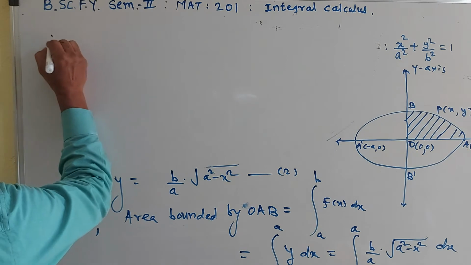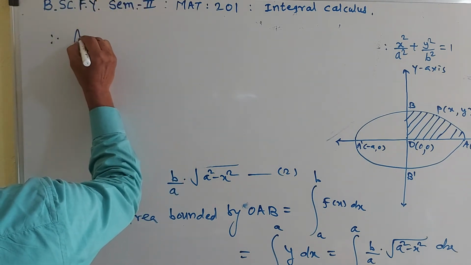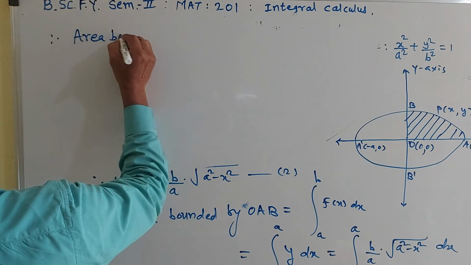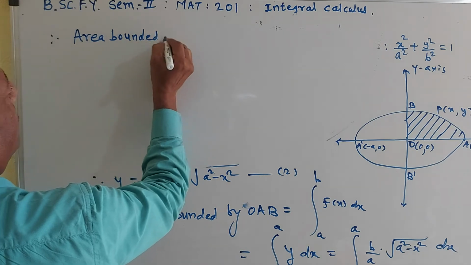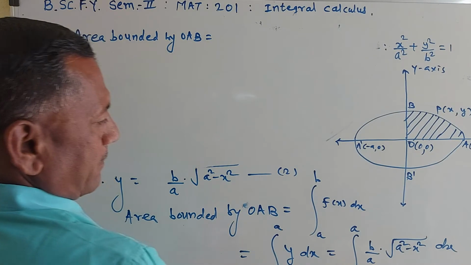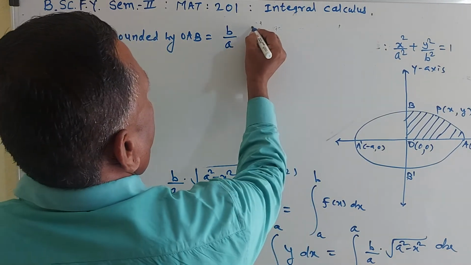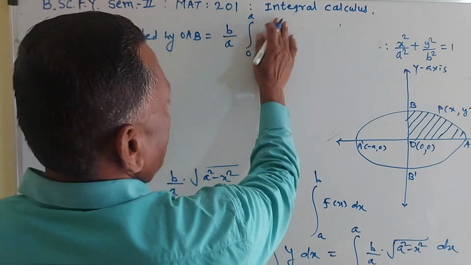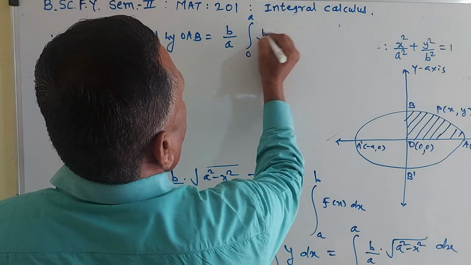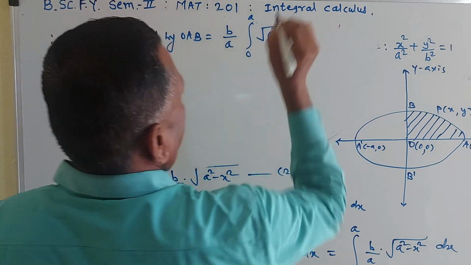Therefore, the area bounded by OAB is equal to b upon a outside the integration. This is the definite integral, with integration going from 0 to a of b upon a root of a squared minus x squared dx.